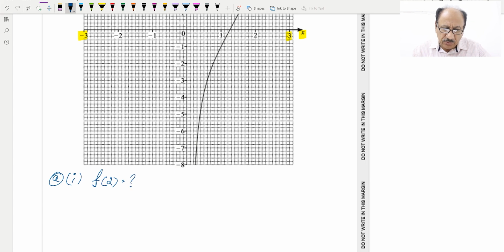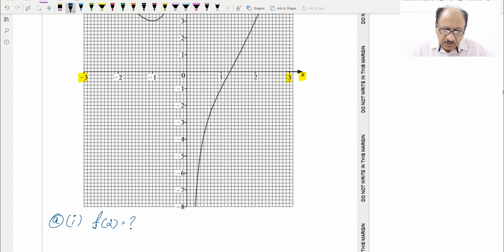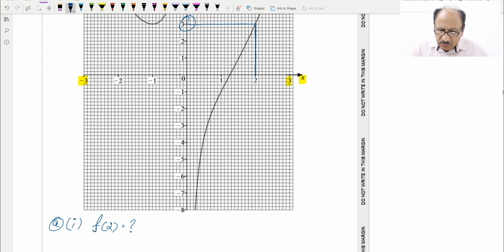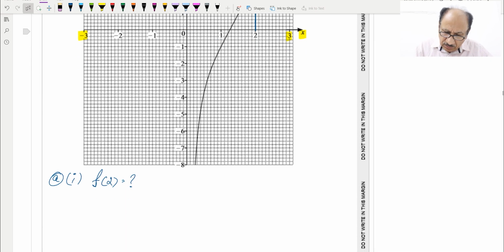So what we'll be doing, we'll be drawing the line for x is equal to 2. So x is equal to 2 will be this line, and we can check the y value reference from here. If we check the y value reference, this is at 3, so we can write the answer as 3.